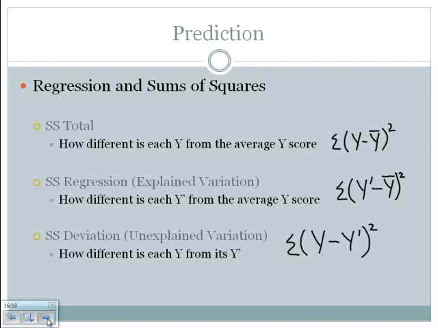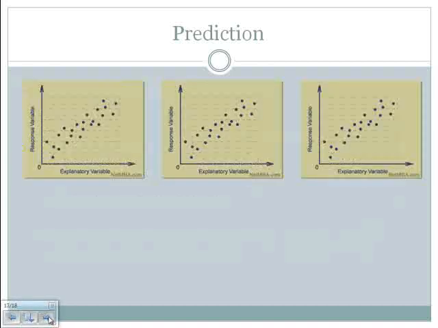Okay, so let's take a look at this pictorially. That might be somewhat helpful for you. This first one we're going to say is our SST. We'll draw an average score on here, and we'll put our prediction equation in there. This is how different is each score from Y bar.